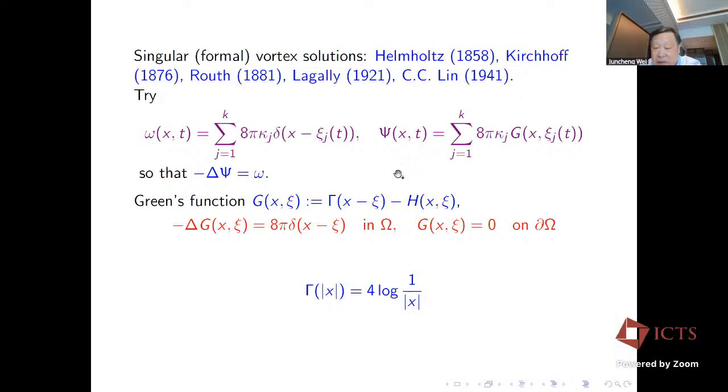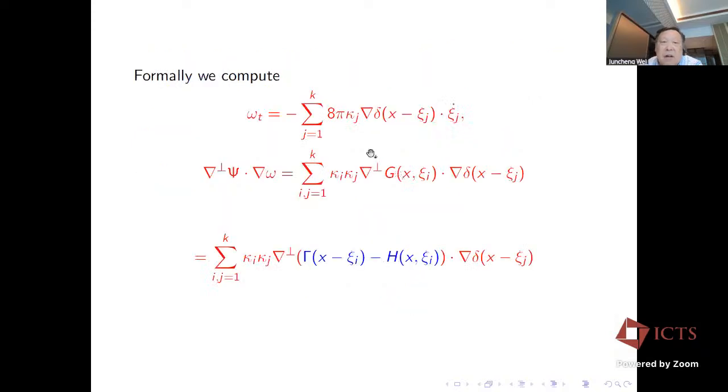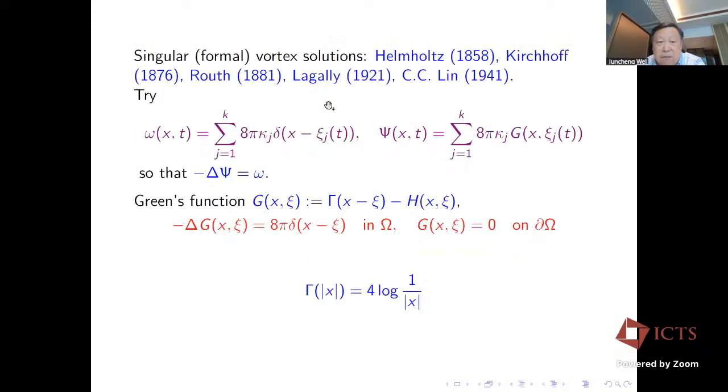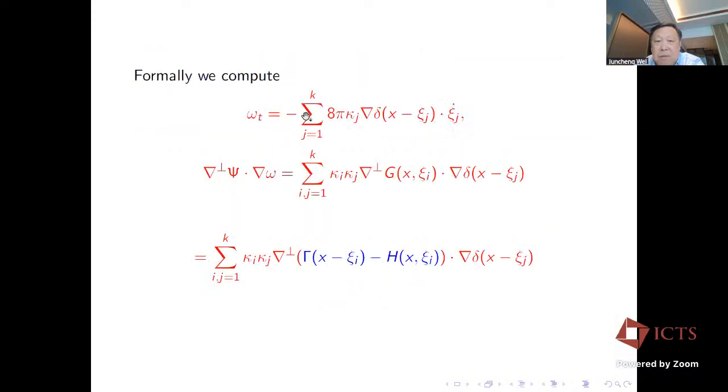So now formally, if we have a sum of Dirac measures, we can compute omega_t as the gradient of a Dirac measure times zeta_j prime, and the convection term, gradient perp psi dot gradient omega, you can put in formally.